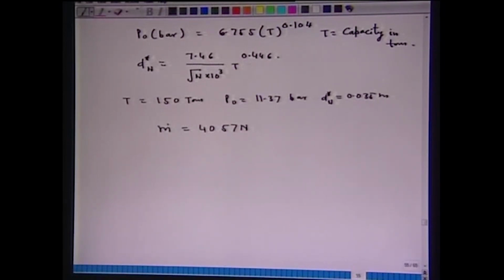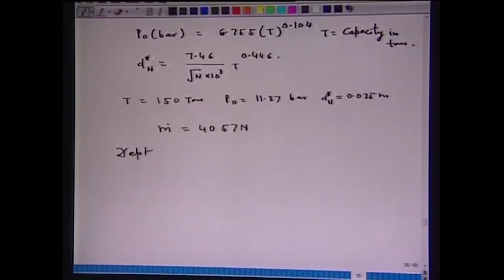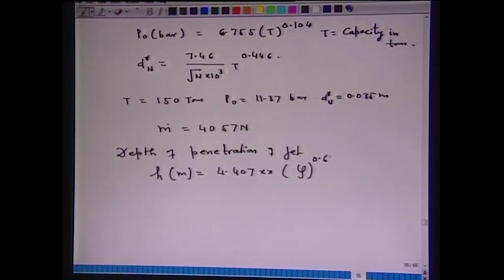Now, the depth of penetration of a jet hitting the bath vertically can be determined by an equation: H in meter is equal to 4.407 into x into the dimensionless momentum flow rate number raised to the power 0.66.